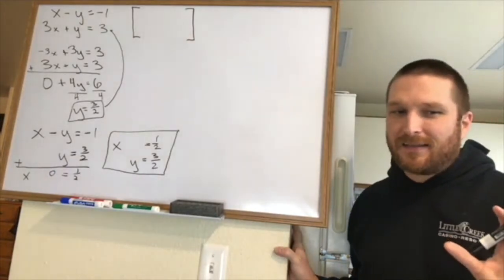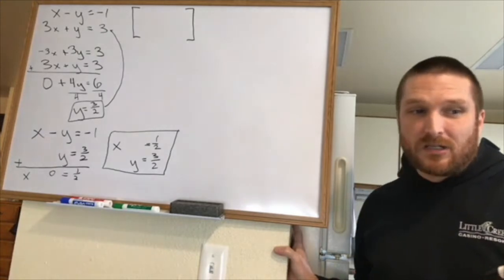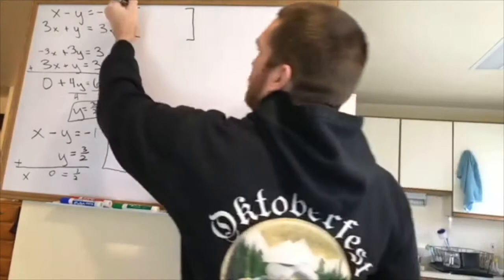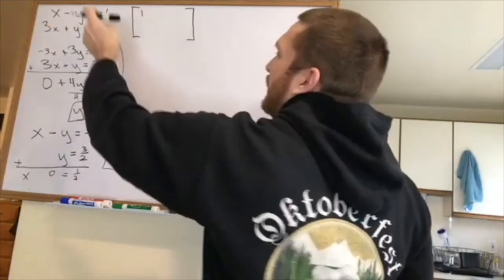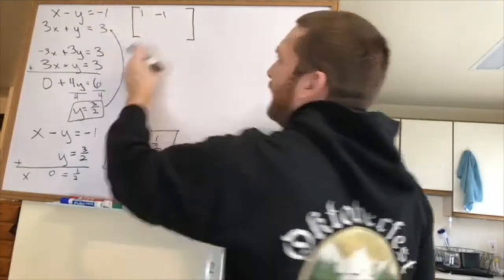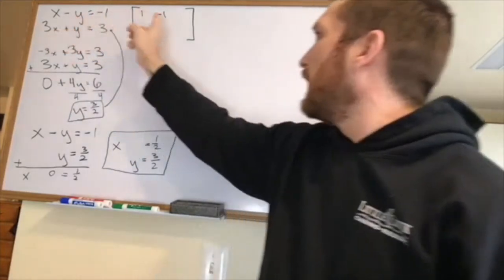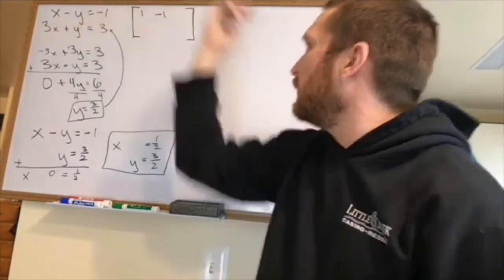I'm just saying, hear me out. Instead of doing that, what I could do is just say, well, how many x's do I have? I guess I have 1x. So instead of writing x minus y, I could write 1, minus 1. And I'll know that that means you have 1x there, a minus y, that's a minus 1. And then finally, equals what? Well, a minus 1.